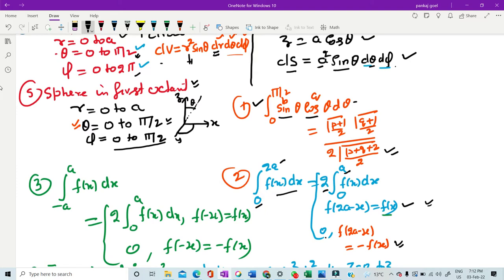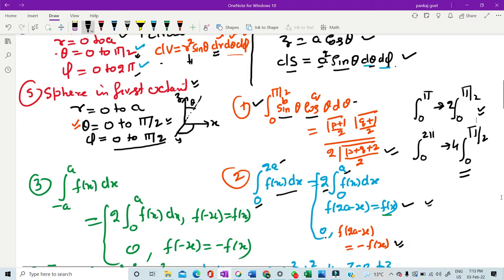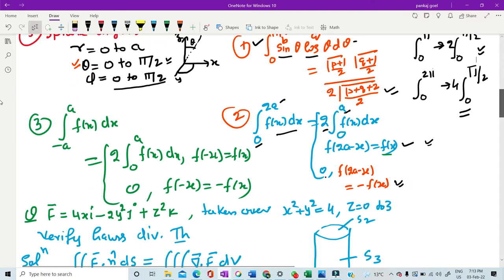We will apply this formula for changing the limit from 0 to pi to 0 to pi by 2, or 0 to 2 pi to 4 times 0 to pi by 2. We apply this formula 2 times to get this one, and if we apply it 1 time, then we get 0 to pi by 2. Because we want to apply the formula 0 to pi by 2 sin power p theta cos power q theta.